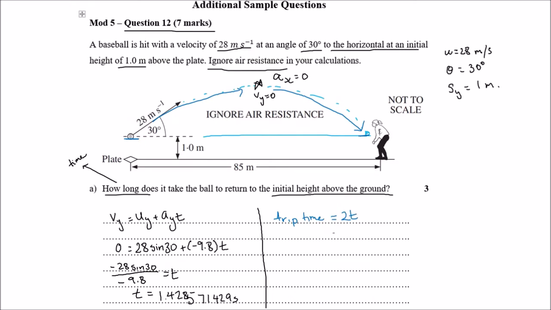So all I do is 2 times that value. Probably don't need to write this out again, but just to make it clear to everyone, it's that. The final answer that I get is roughly 2.86 seconds. So that's the total trip time to get the ball from here all the way across to this person here.